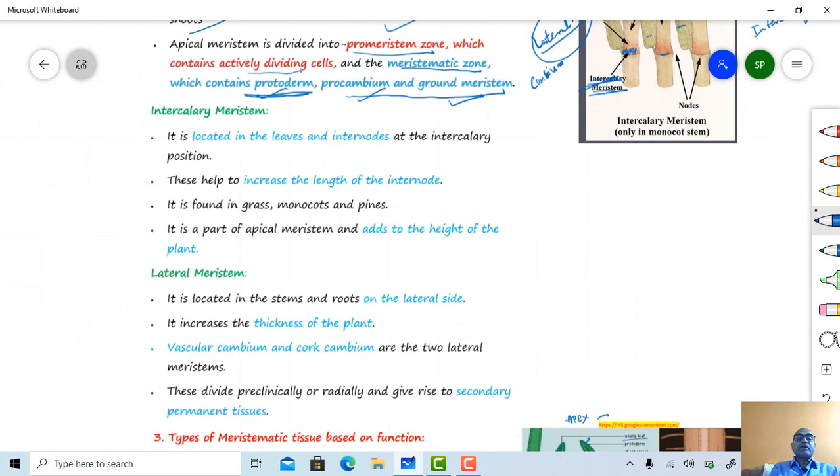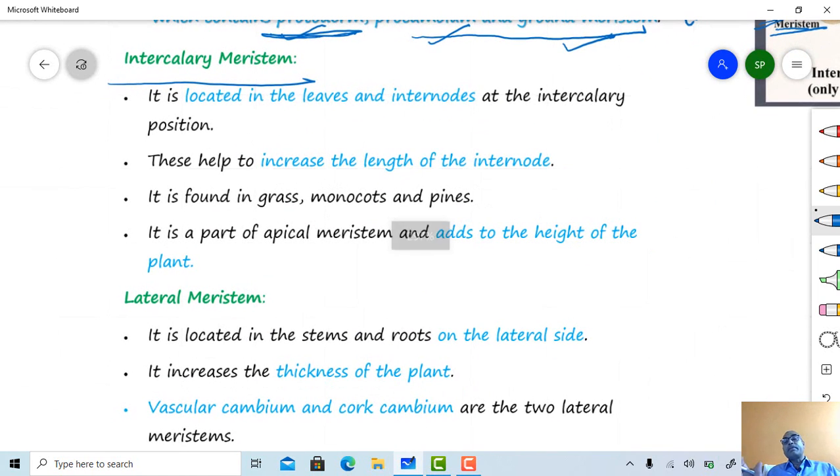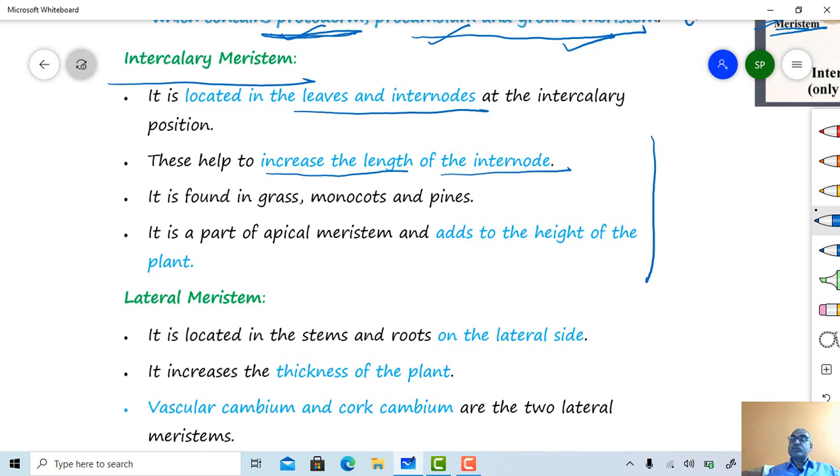Just see, the second type is the intercalary meristem, which is usually present within a monocot stem. It is located in the leaves and internodes at the intercalary position. And these help in increasing the length of the internode. What is an internode? Suppose this one is a stem. This is the region which is called a nodal region.